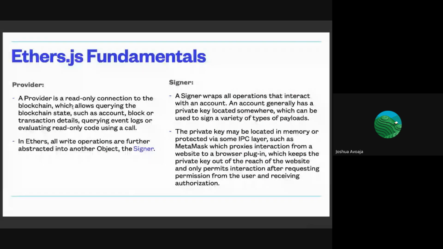As stated here, all write operations are abstracted into the signer. So let's say you've worked with other programming frameworks before, when you call something a provider, it's basically brokering a connection between your client and maybe a server somewhere. For instance, you're working with NextAuth.